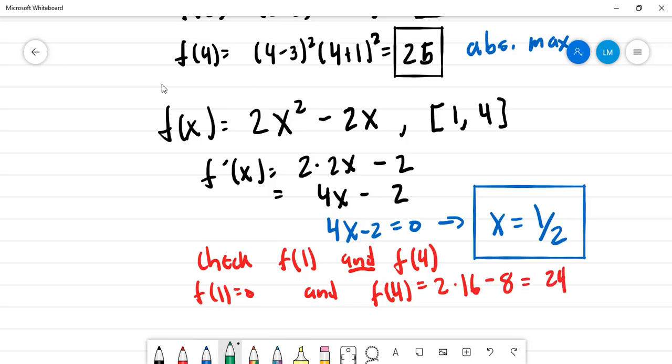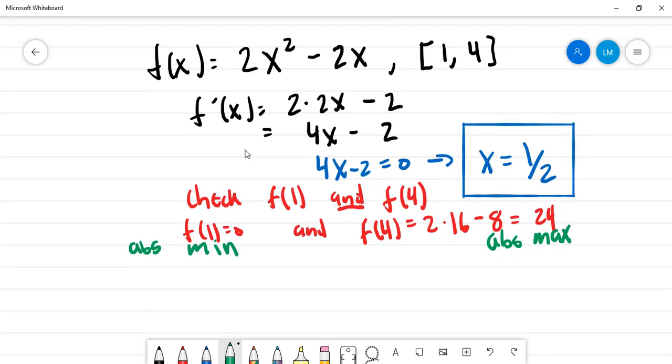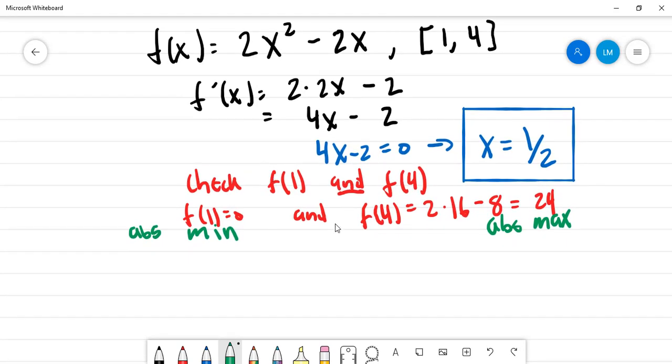So what that means is that you have a min right there, the absolute min, and then you have the absolute max. So this is an example of when the critical point may not be contained in the bounded interval. And in this case, all that I needed to do was just plug in the endpoints respectively, and then just figure out what that is.